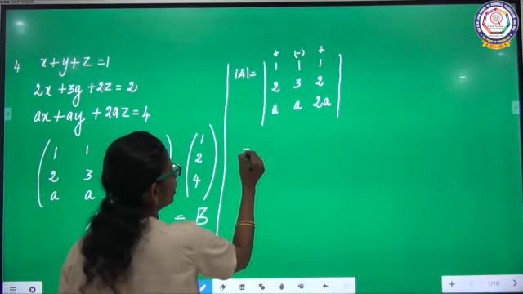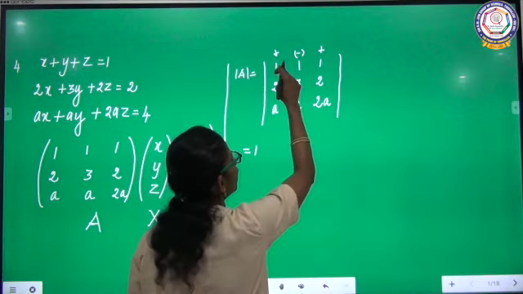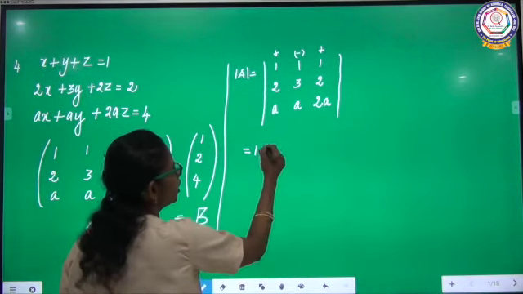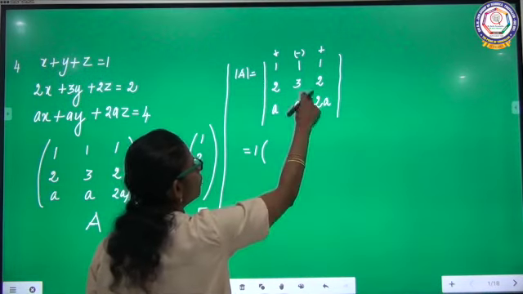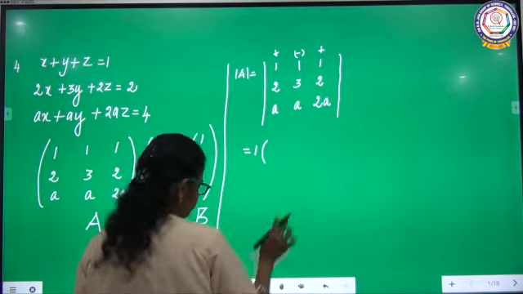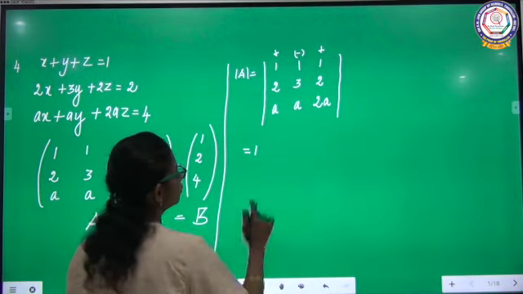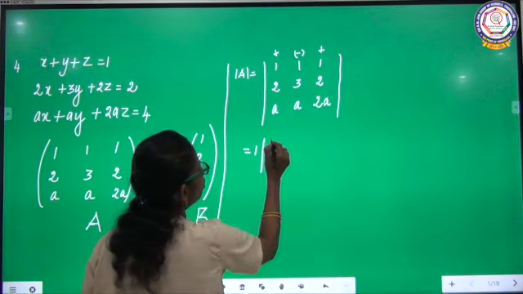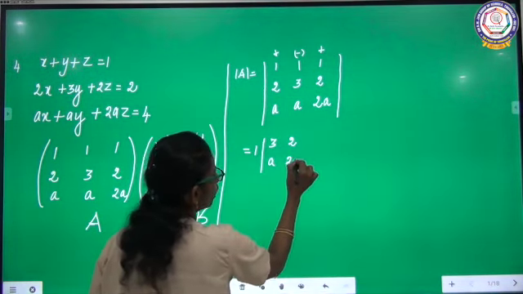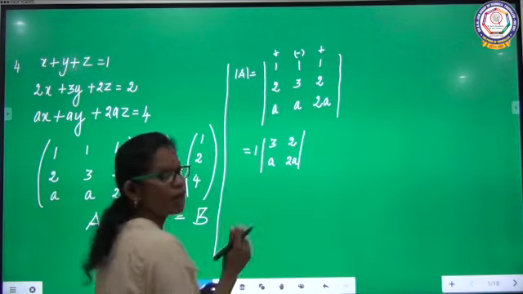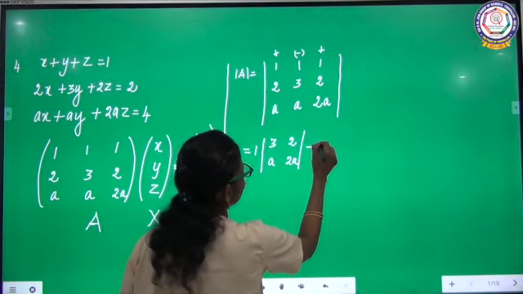Now 1 into, if you are selecting this element, that row and column should be deleted, then it becomes a 2 by 2 determinant: 3, 2, A, 2A. For your convenience I am representing it as a determinant, or straight away we can do it if you are confident.